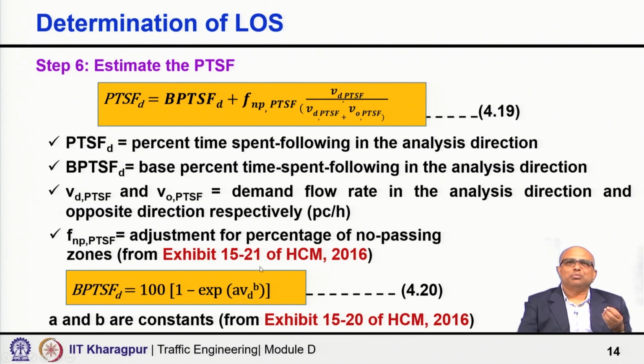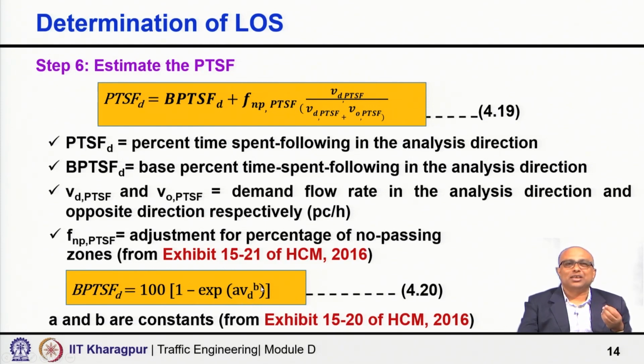And f_np,PTSF, as I said, is the adjustment factor for no-passing zone. This can be taken from exhibit 15-21. To get the base percentage of time spent following, use equation 4-20, where again you can see there are two coefficients, and d is the direction of analysis.